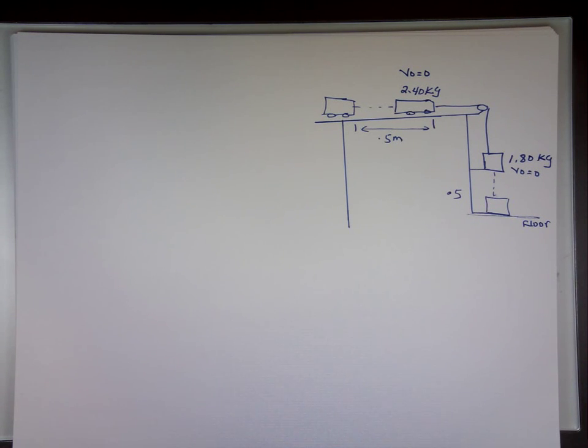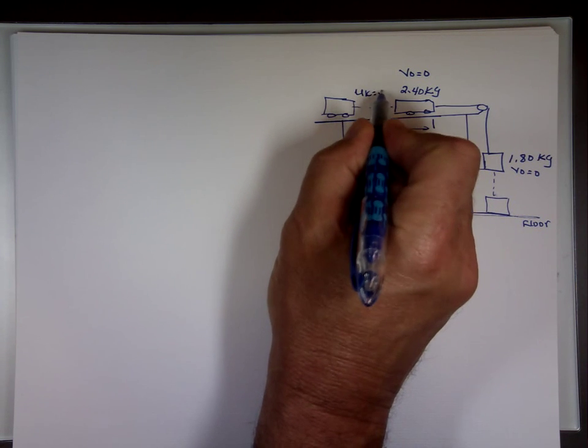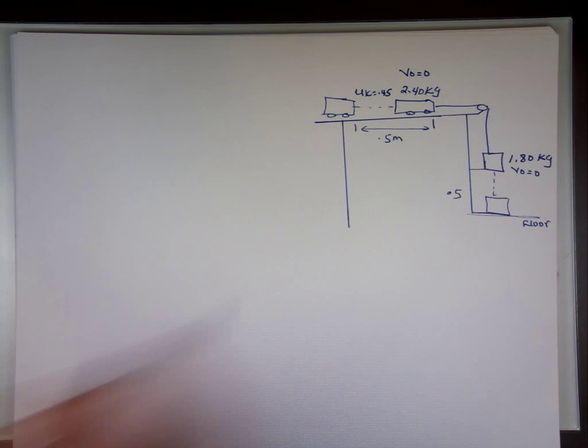Let's assume the coefficient of kinetic friction, mu k, is 0.450. And what's the velocity right before it hits the ground?